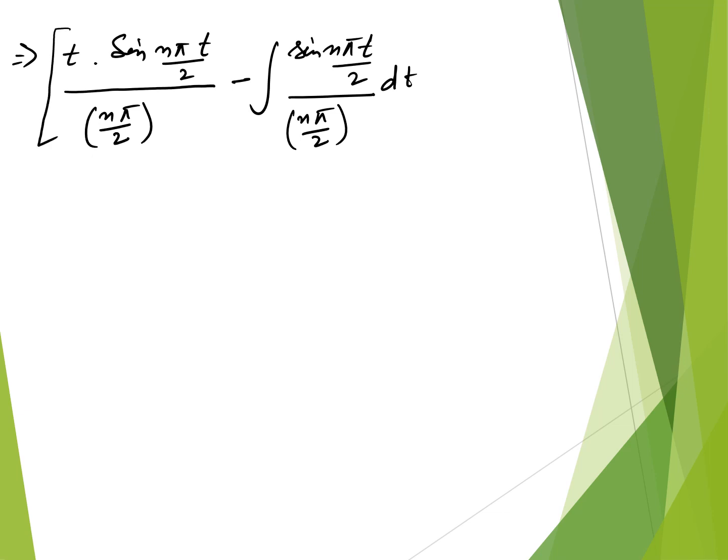For the whole value, the limit is 0 to 1 plus. For the next portion, 2 is just common.